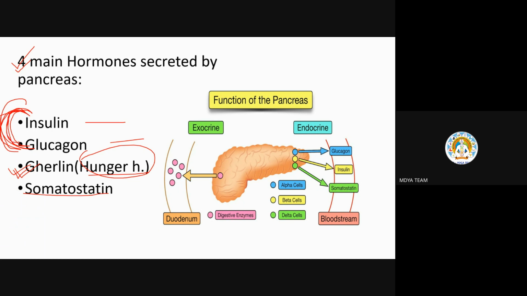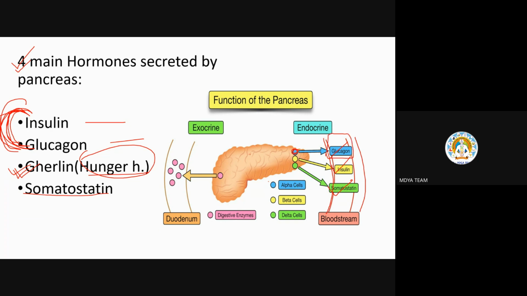As I told you, there are different hormones: glucagon, insulin, and somatostatin. These are released directly into the bloodstream.